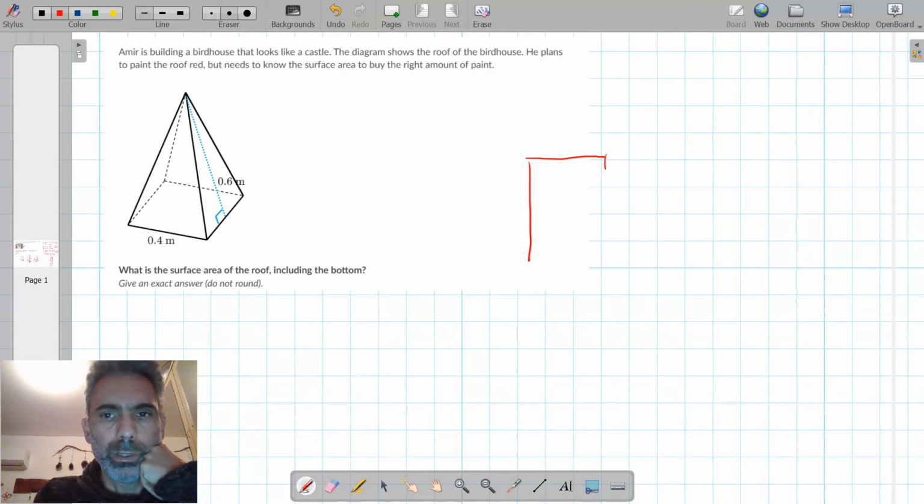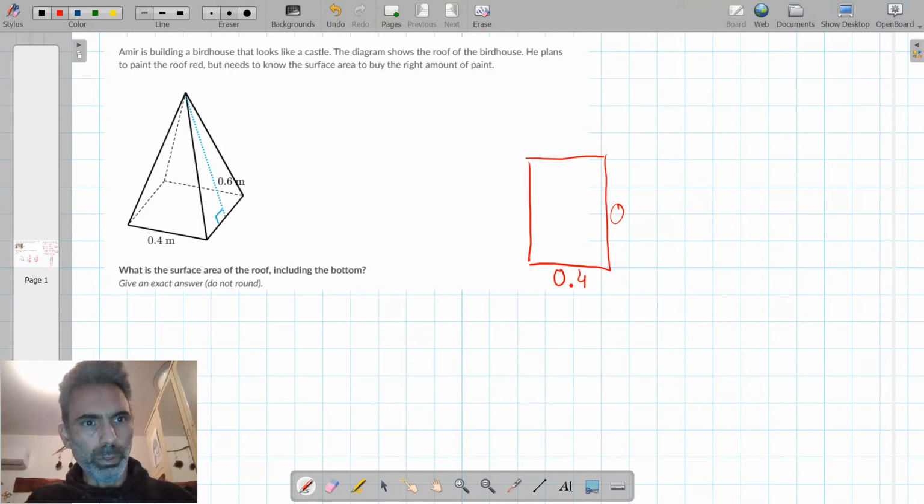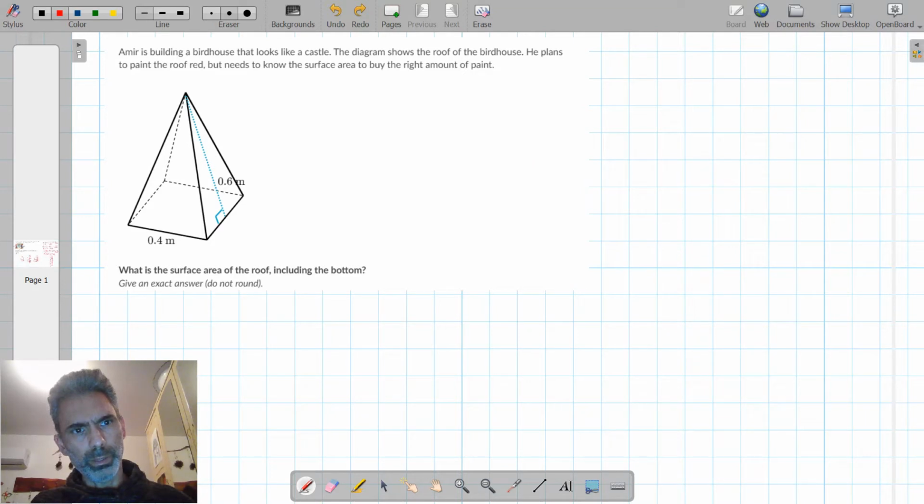This is a pyramid. Okay, so the base of the pyramid has an area of 0.4 times 0.4. The base is square, right?